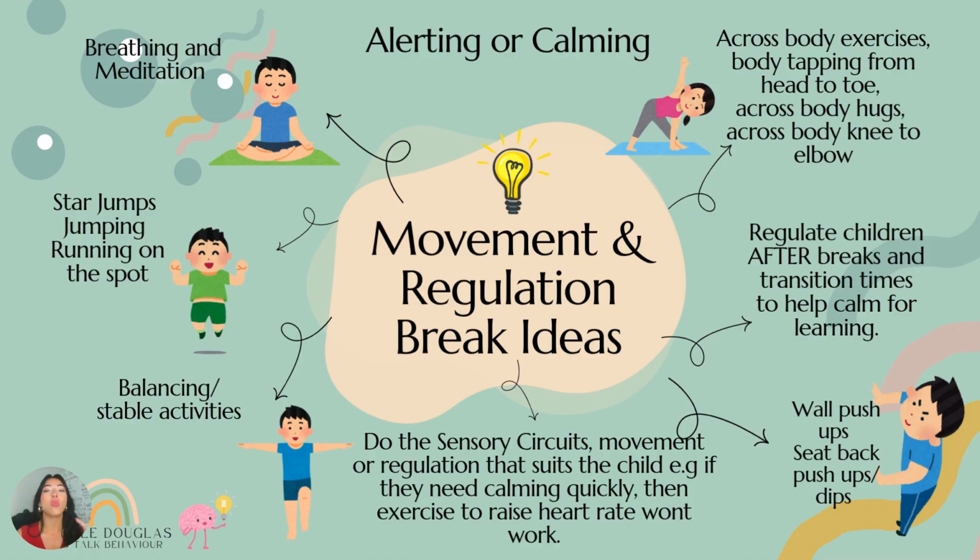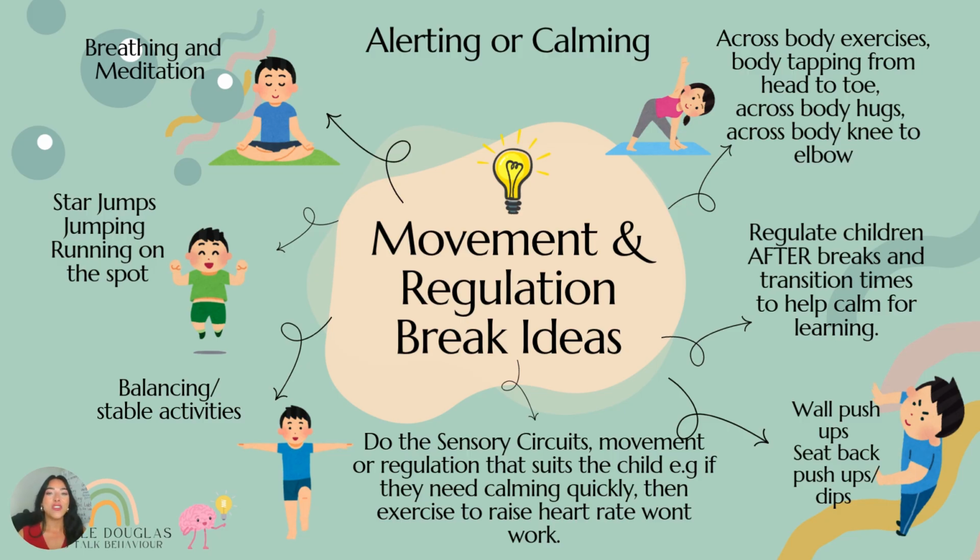We have to think what we are using this regulation break for and suit and match the activity to get the child ready for what we are preparing them for. We have found that our best movement and regulation and sensory breaks are after playtimes. Lots of our children come in dysregulated from playtimes, and we use our sensory and movement breaks to bring them back.